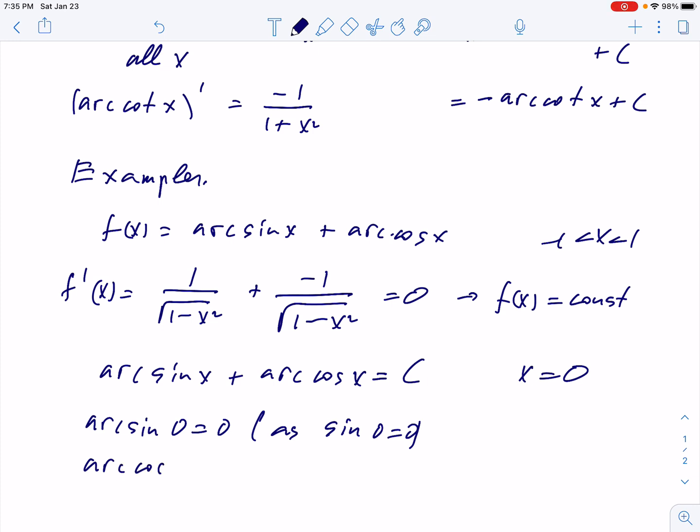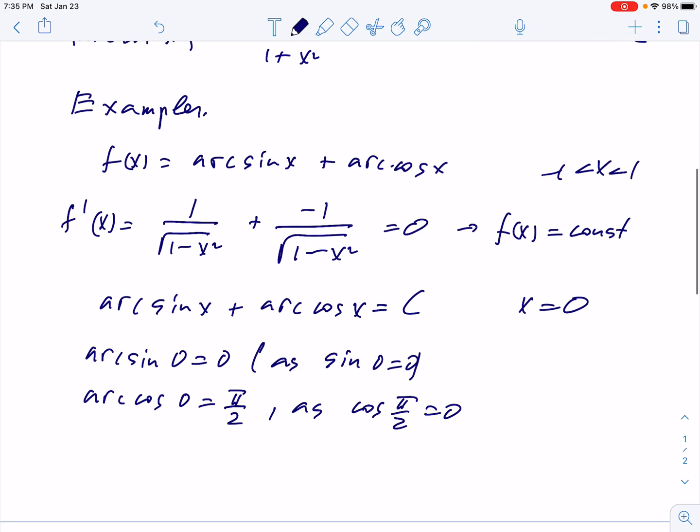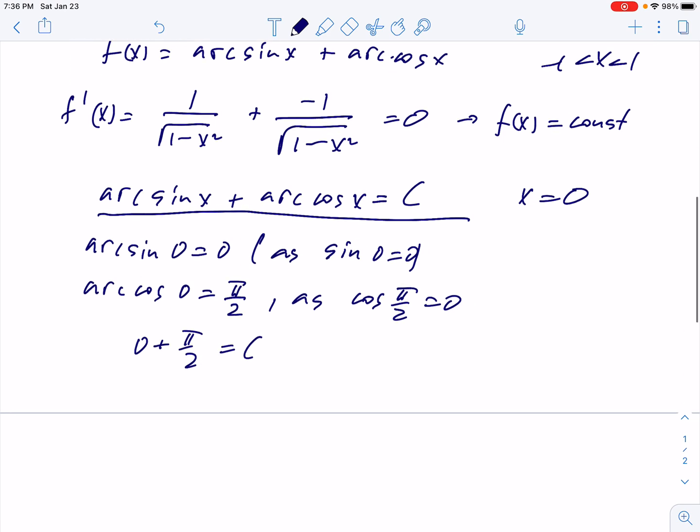Arc cosine 0, what is this? This is pi over 2 because cosine pi over 2 is 0. So when we plug x equals 0 in this equation, we get 0 plus pi over 2 equals c. That's how we compute c.